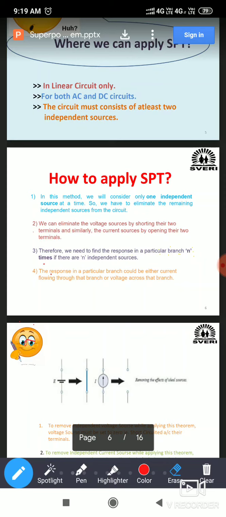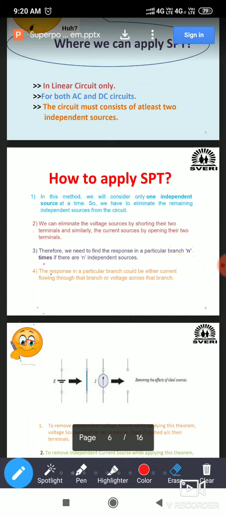Third point, therefore we need to find the response in a particular branch n times if n independent sources are there. The meaning of this statement is that if three independent sources are there, then there will be three responses. Suppose we have to find the current passing through a resistor, and three independent sources are there, which may be voltage sources or current sources. Then three responses will come, that is I1, I2 and I3.